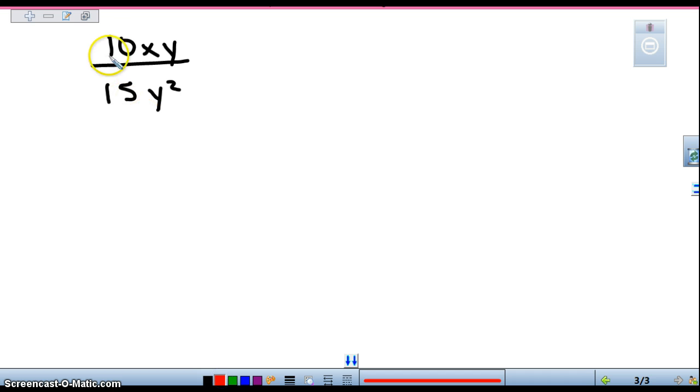If we need to simplify 10xy over 15y squared, we're going to separate our numbers from our variables. 10 and 15 are both divisible by 5.